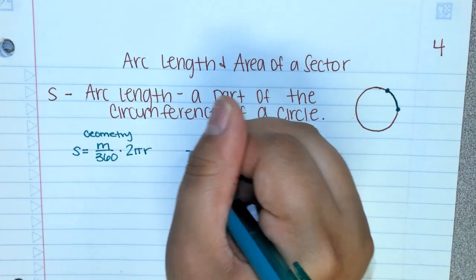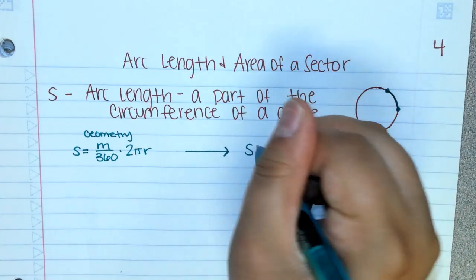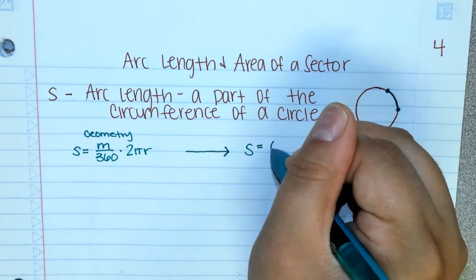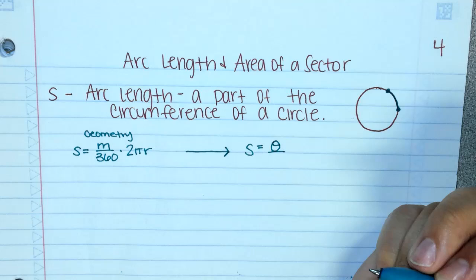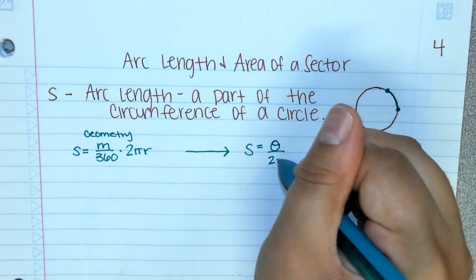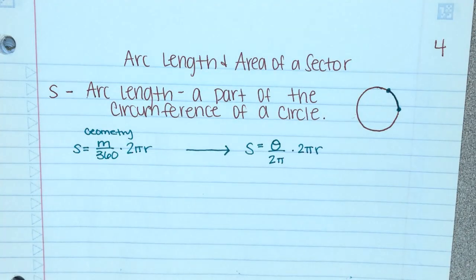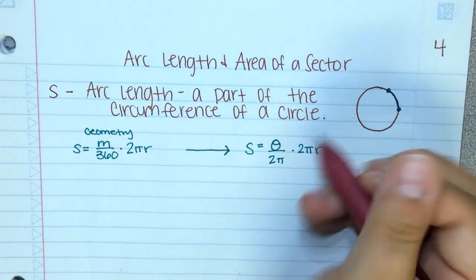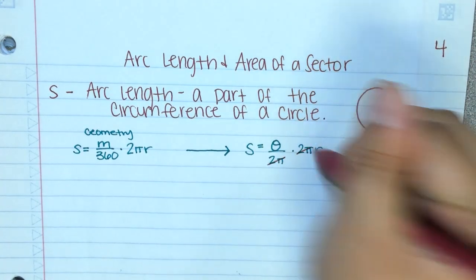In pre-cal, we are not going to use degrees. We are going to use radians. So, to find arc length, instead of m, we're going to call this theta. And instead of divided by 360, what should it divide by? 2 pi, times 2 pi r. My 2 pi's cancel.